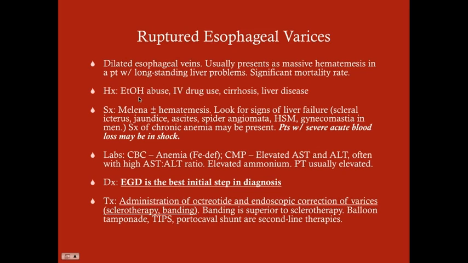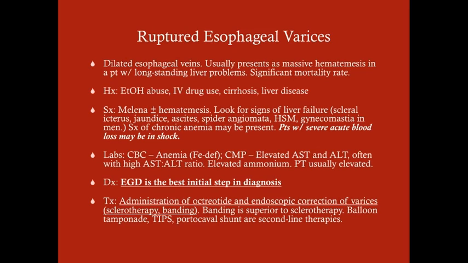So the history, usually alcohol abuse, IV drug use, which can put them at risk for hepatitis, cirrhosis, other liver diseases. The symptoms include melena plus or minus hematemesis. Usually it's massive hematemesis, though. You should be looking for signs of liver failure when you're looking at the patient.